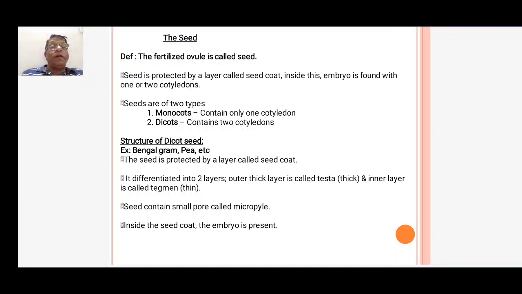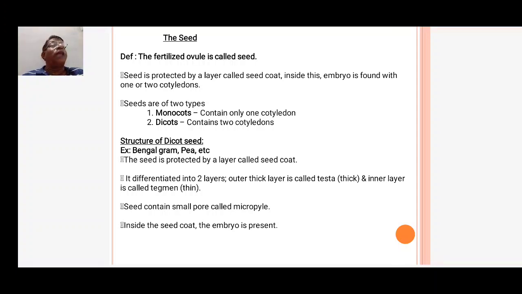Okay. Depending upon the cotyledons, we classify the plants into monocots and dicots. Monocots have only one cotyledon, whereas dicots have two cotyledons. Okay.